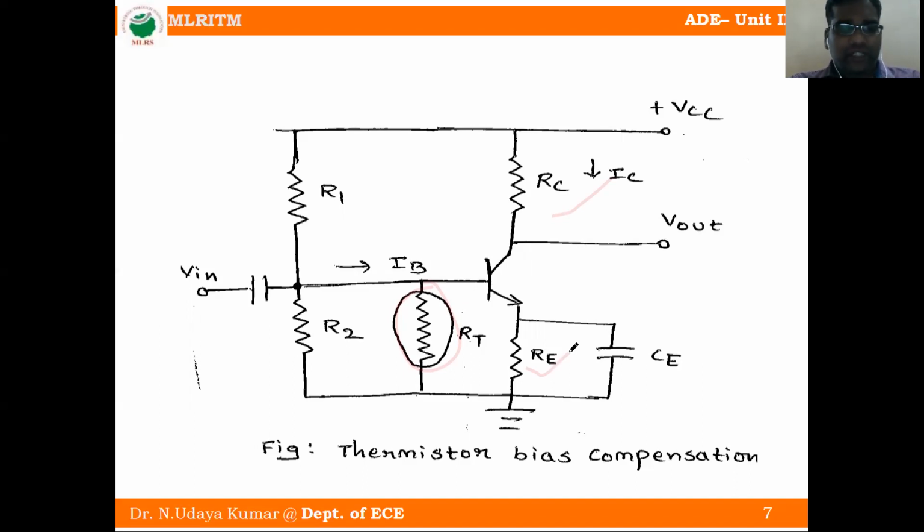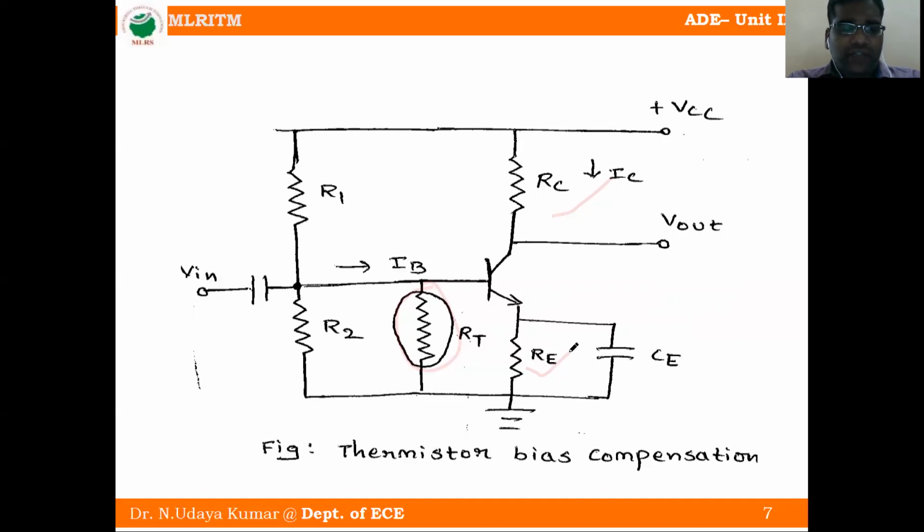This is the description of thermistor bias compensation. The thermistor is connected across R2, that means R2 and the thermistor are in parallel.